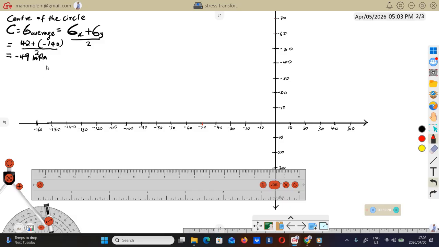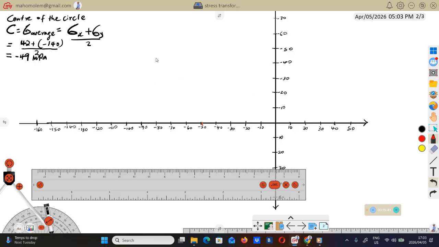You just need the one from the x face. So you can use both of them, but there is no need. If you can get the ones from the x face, then that will be okay. Meaning that you have to check the stresses acting on the x face.